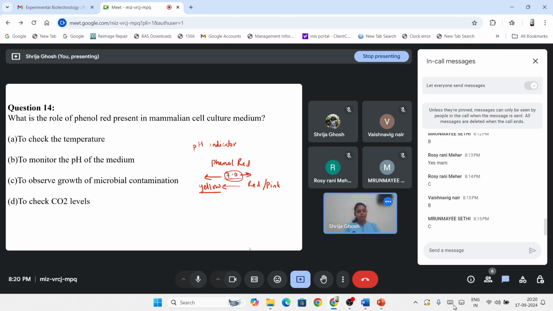So by looking at the pH, whatever is your conclusion, if you're concluding that we have a contamination, that's why my pH changed, or my cells are secreting something, that is why my pH is changing, that depends on your experiment and your observation. But phenol red is added to monitor the pH, whether the pH is remaining at 7 to 7.4 or the pH is getting decreased by release of some acidic components.